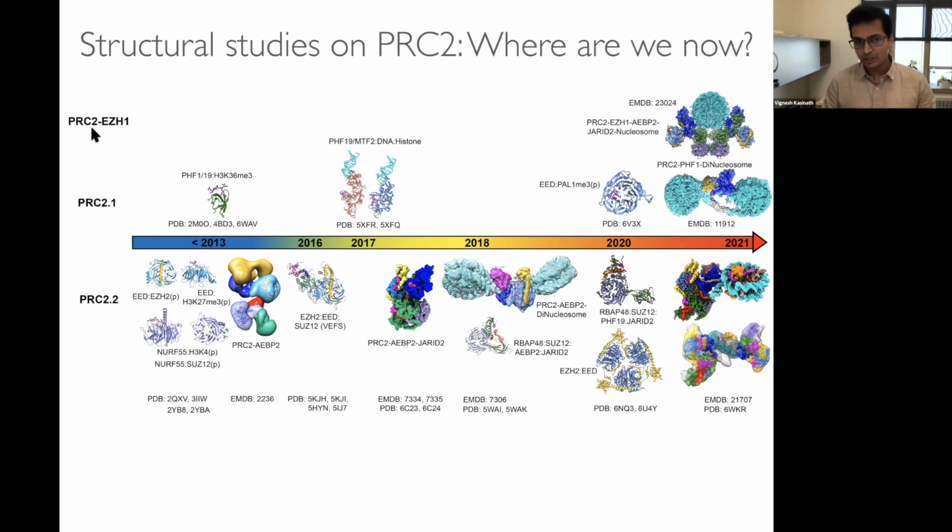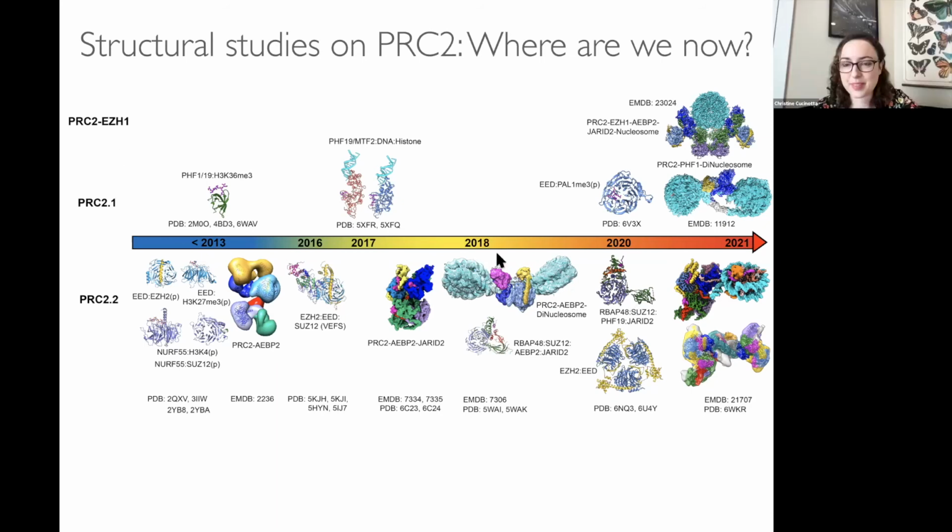We also see this domain swap dimer, but we actually see several different domain swap dimers. I don't want to talk about it too much at this point, but we do see similar configurations for PRC2 EZH2 as well.